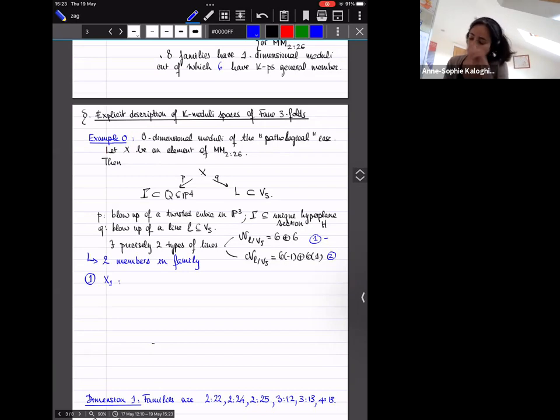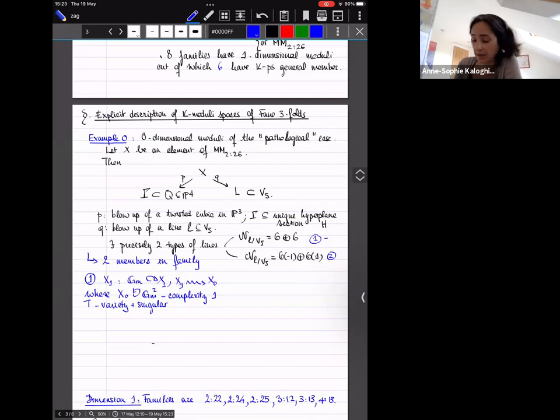We know that when we blow up a balanced line, then we have an effective G_m action on X. And X has a degeneration to some, call it X1. X1 has a degeneration to some X0, where X0 has the action of a 2-dimensional torus. So it's a complexity 1 T-variety. And it's singular, so it's not isomorphic to X1.